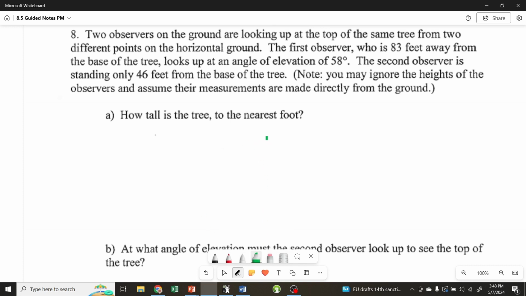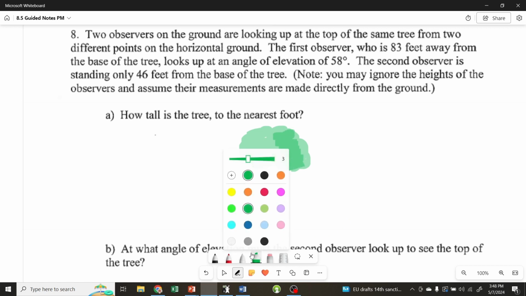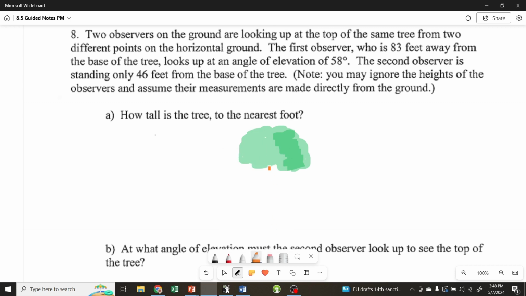So I'm going to make my tree. This tree's going to look like this one here. And here's our trunk.